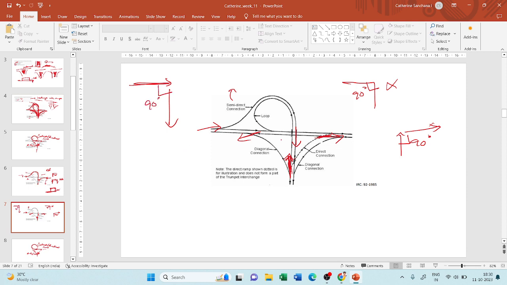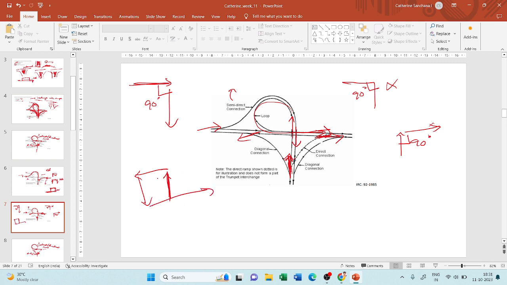Now the last one. What does this loop tell you? A vehicle traveling in this direction goes to this direction, right? So how will it go? If it is traveling through the loop, let us say it is traveling in this direction, then it takes the loop, then again it comes down to the same road and then goes in this direction.